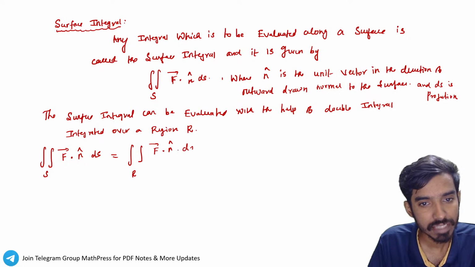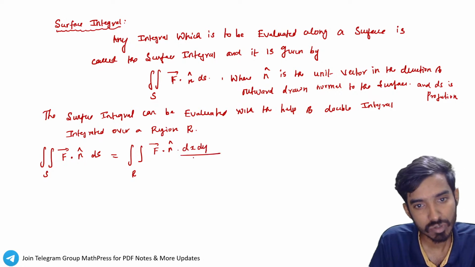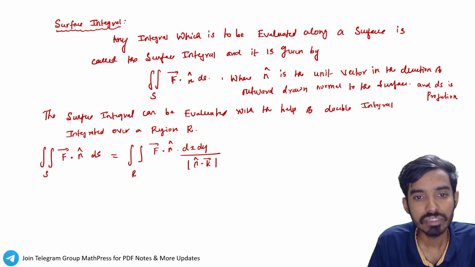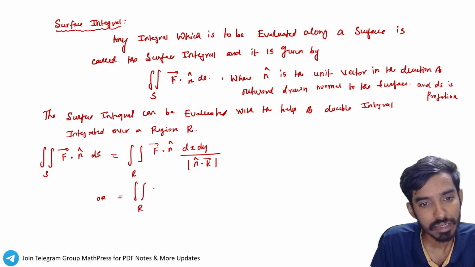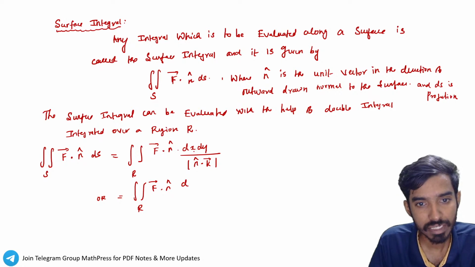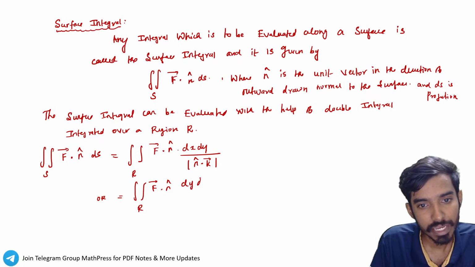Instead of dS, I'm going to project on the xy plane. So dx dy divided by the modulus of n cap dot k vector. You use this formula if you are projecting on the xy plane. If you are projecting on the yz plane, it is dy dz divided by the modulus of n cap dot i vector.